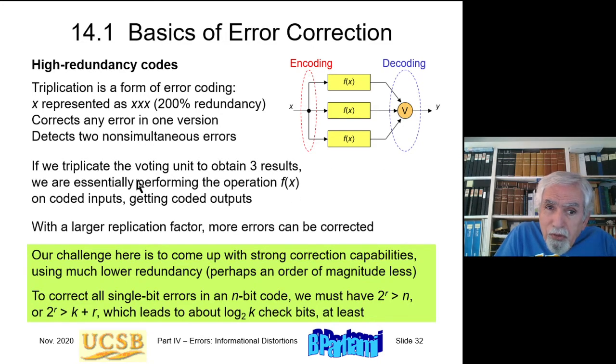Now, if we also triplicate the voting unit so that we have 3 voters independently voting on these 3 outputs, then we can start with coded input, 3 copies of X, and obtain a coded output, 3 copies of Y. It's still tolerant of single faults, but it allows us to compute directly on encoded values. In other words, we don't need encoding and we don't need decoding.